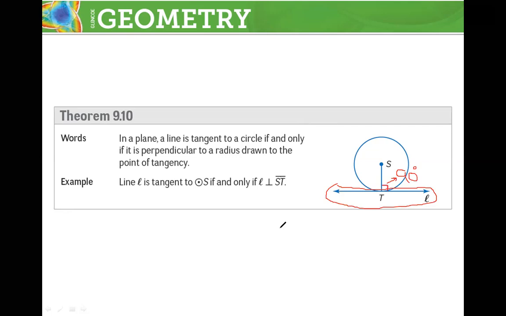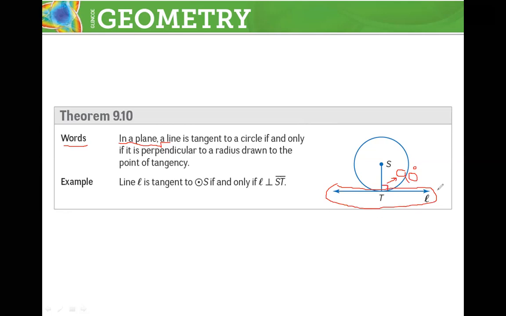Okay, can you read the theorem again? In a plane, a line is tangent to a circle if and only if it is perpendicular to a radius drawn to the point of tangency.